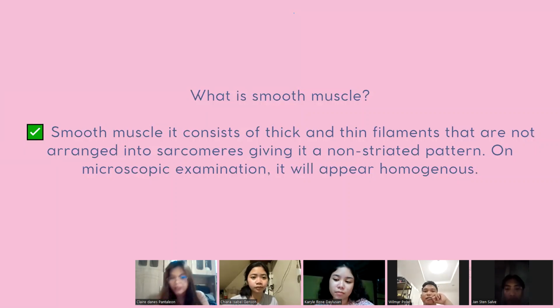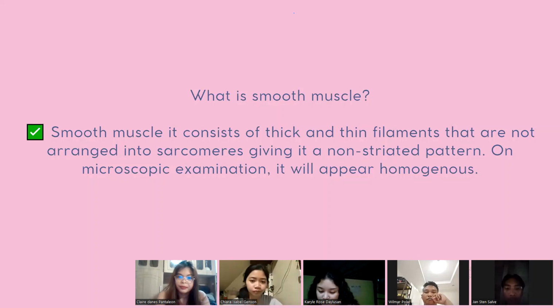Are you on mute? Smooth muscle consists of thick and thin filaments that are not arranged into sarcomeres, giving it a non-striated pattern. On microscopic examination, it will appear homogeneous. Yes, that is actually correct.